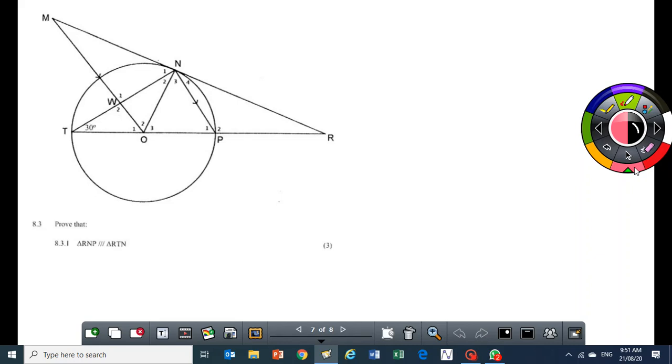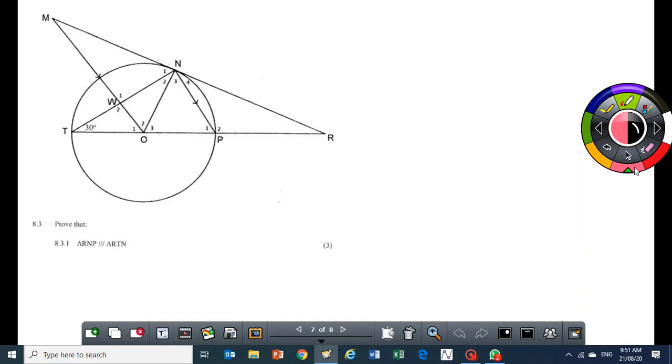When you want to prove that any pair of triangles are similar, it's so easy. The only challenge is that in grade 12 you have the circle as well involved, so you need to know your circle geometry theorems. If you know them, then you shouldn't have any challenge. Let the question guide you.